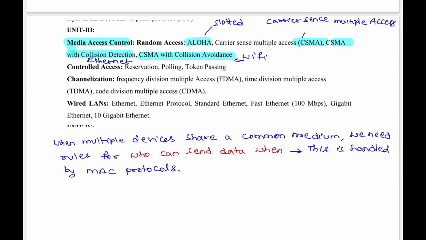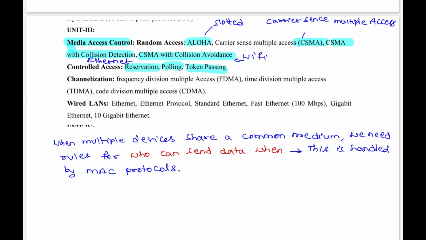Controlled access protocols like reservation, in the sense resources are reserved before transmission. Polling refers to the master device asking each station in turn. And token passing, where the token circulates and only the holder transmits. Okay, so when studying these protocols, it becomes easy to understand.